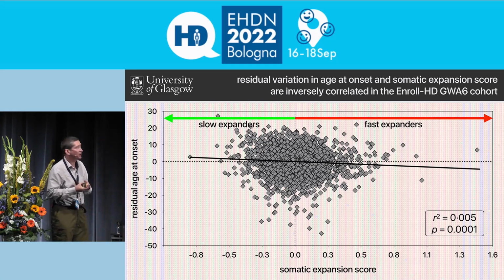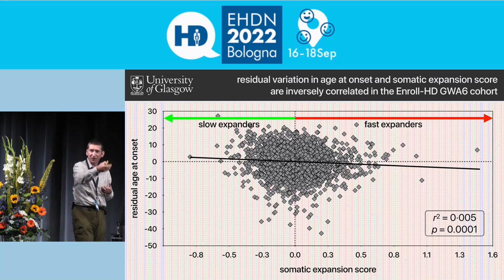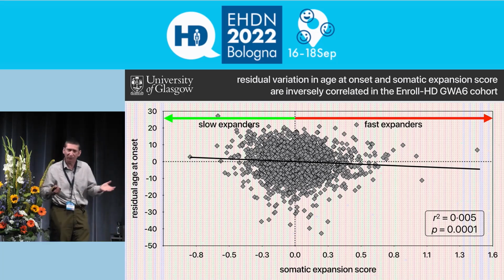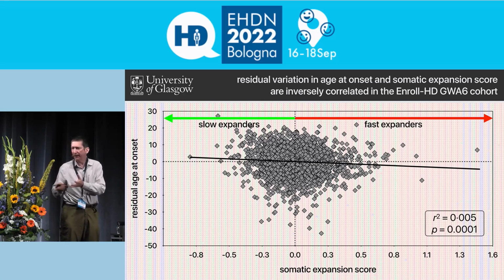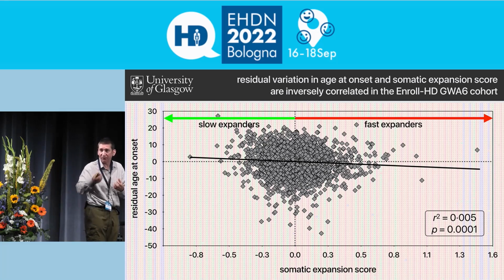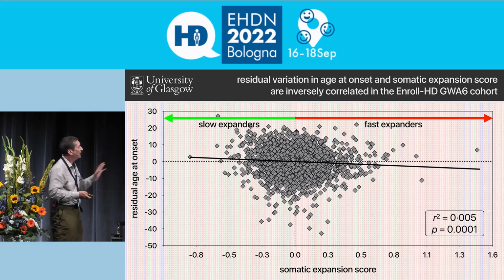And we know that some of the genetic modifiers that are modifying the rate of expansion in blood, we predict are also modifying the rate of expansion in brain, but they don't all work in the same direction. So we've already got some data that the FAN1 variant, that we'll hear a bit more about later on, modifies the instability in blood in a different direction to the effects that we see in the brain. So that explains at least part of the disconnect there.